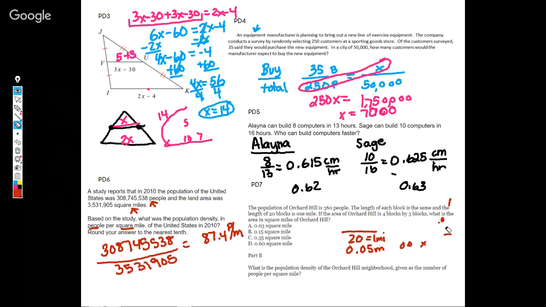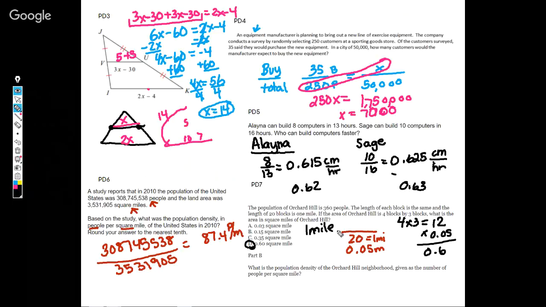Once you knew 1 block was 0.05, you could do 4 times 3, which is 12, and then just do 12 times 0.05. And that gives you 0.6. That's it.